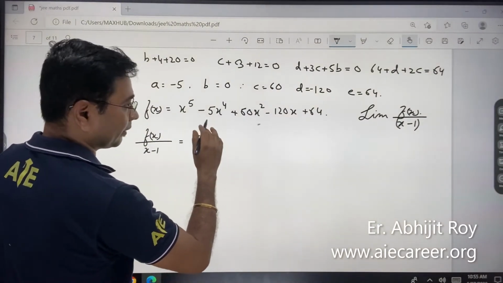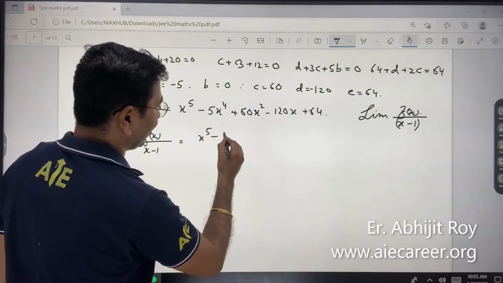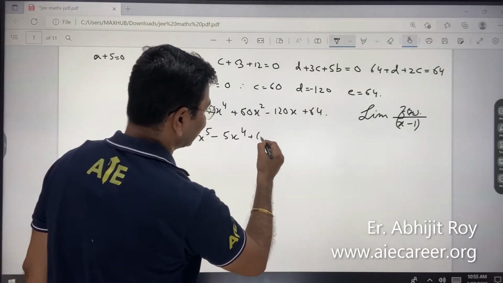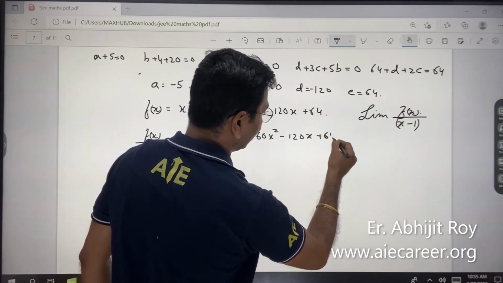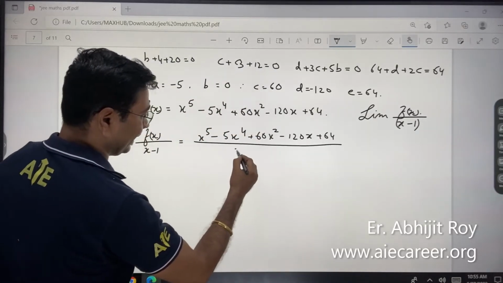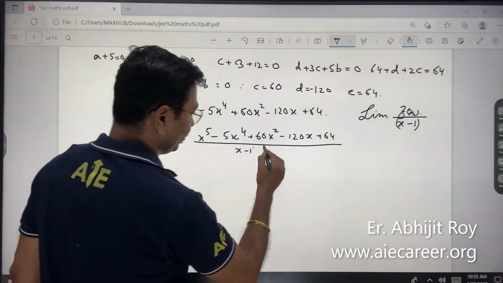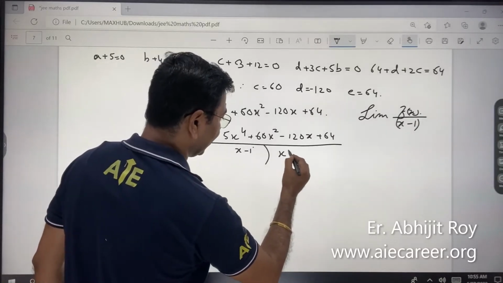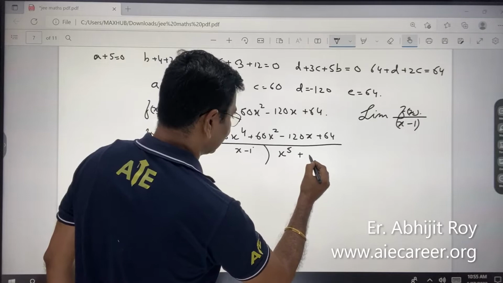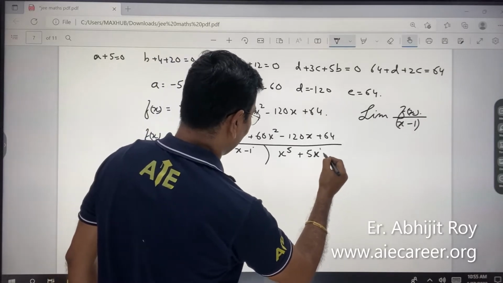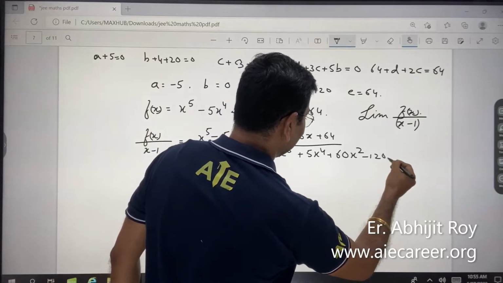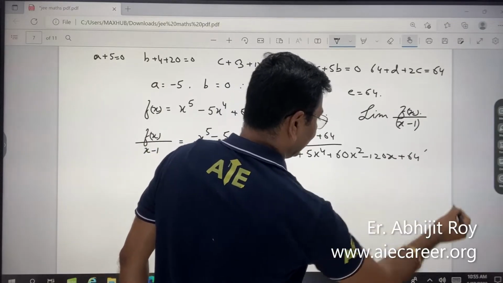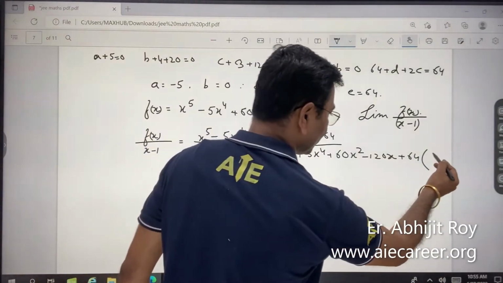So x to the power 5 minus 5x to the power 4 plus 60x square minus 120x plus 64 divided by this x minus 1. And you do this polynomial division over here, and you will get your quotient, right?